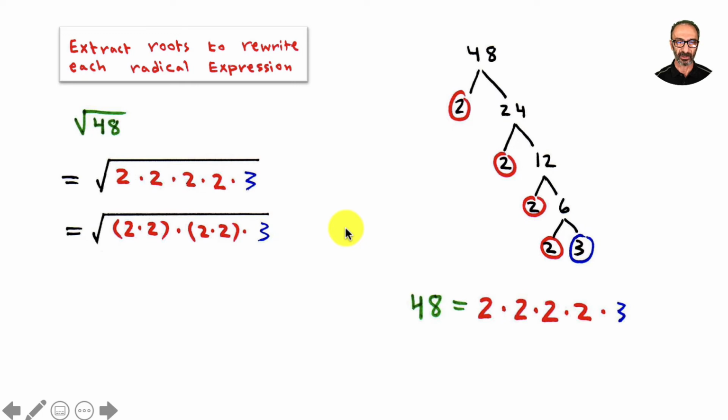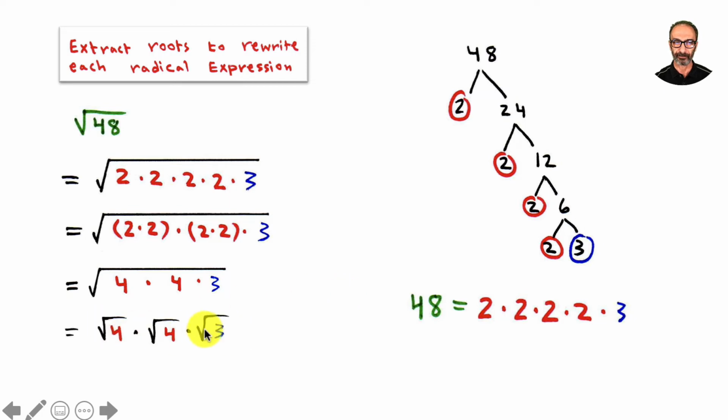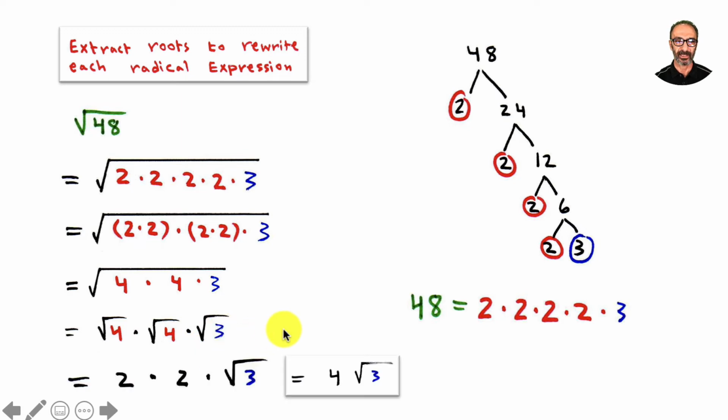It gives you a decimal that is not repeating, not terminating. So, differently speaking, that's the square root of 4 times 4 times 3. You could break it down. Square root of 4 is 2, square root of 4 is 2, square root of 3, you keep it as is. And the final answer is 4 radical 3. That's how you do it in lengthy detail.